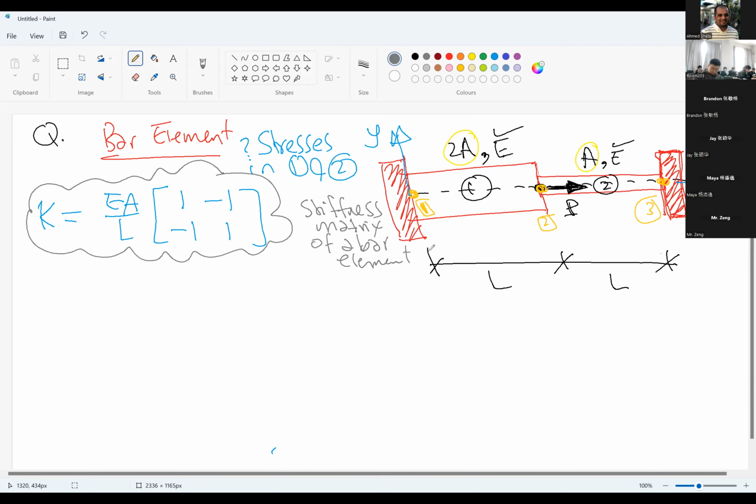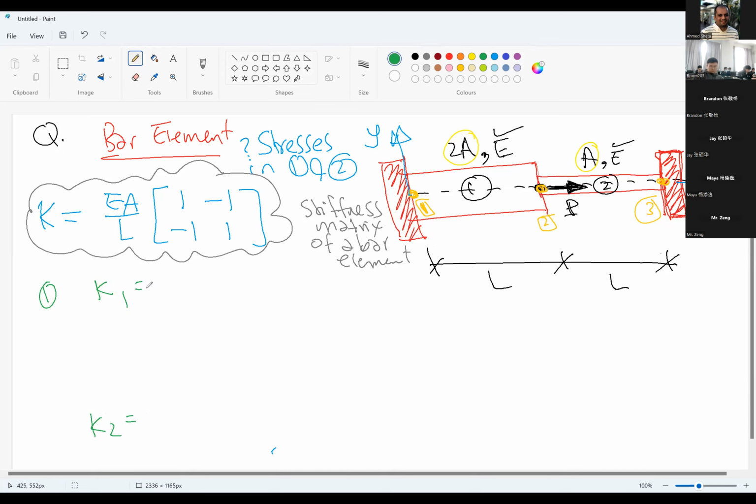How can we start this? First of all, we know that it is a truss, so the members will be under tension or compression force. So they will be elongated or shrink, meaning pulled or compressed. So what we need to do firstly is to construct the stiffness matrix for each member. So we have K1 and K2. Then using K1 and K2, we will construct the global or overall stiffness matrix.